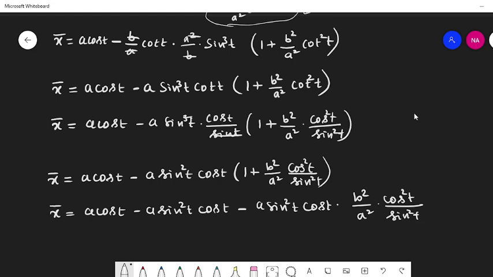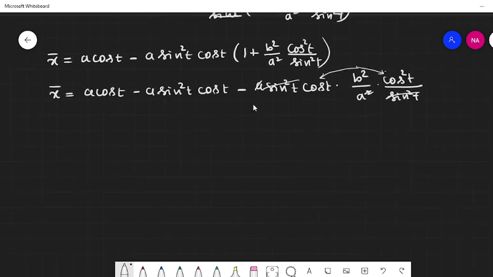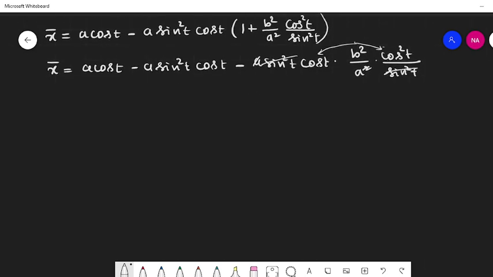Now one term cancels with this, and sin square t gets cancelled. So we remain with cos t into cos square t. This will be x bar equal to a cos t minus... In these two, we can take a cos t as a common factor.